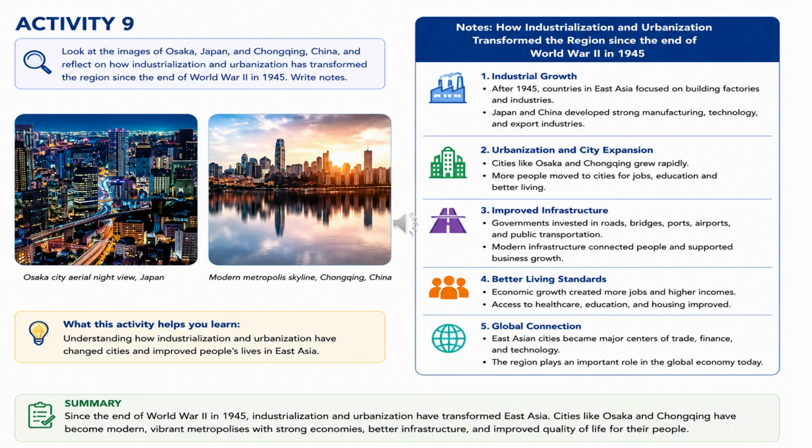So the main idea of the activity is that after World War II, East Asia experienced rapid development through industrial growth, urbanization, improved infrastructure, better living standards, and stronger global connections. So these economies developed a lot.